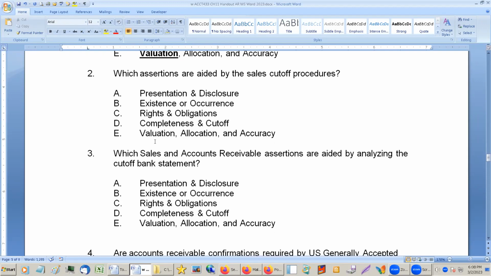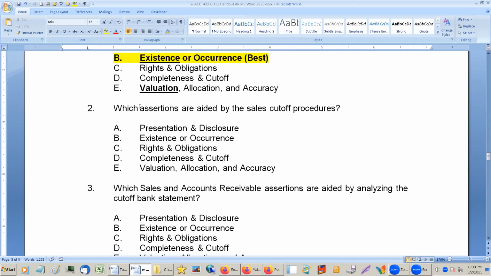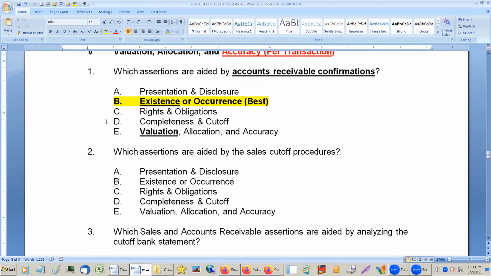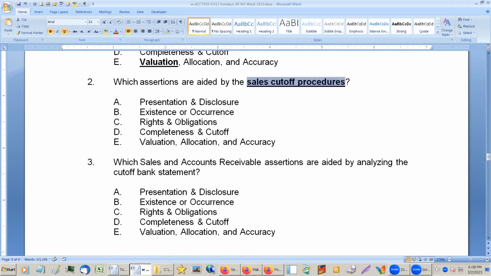Which assertions are aided by the sales cutoff procedures? B. Could be, yep.